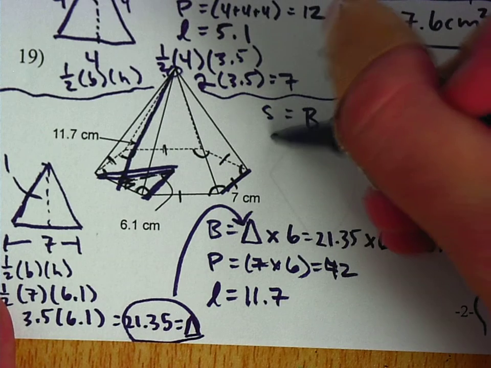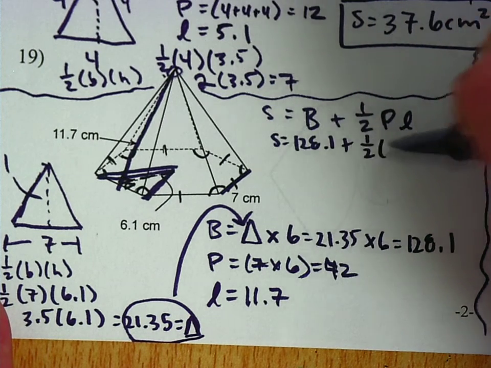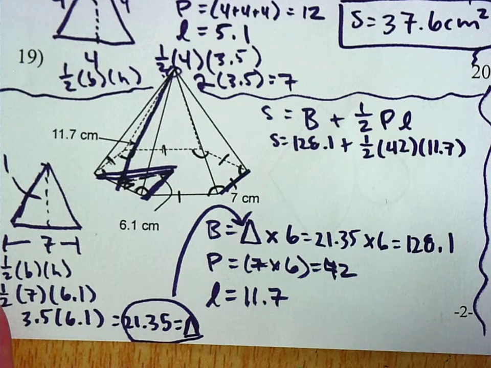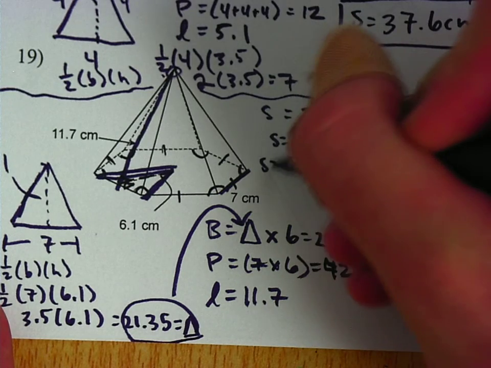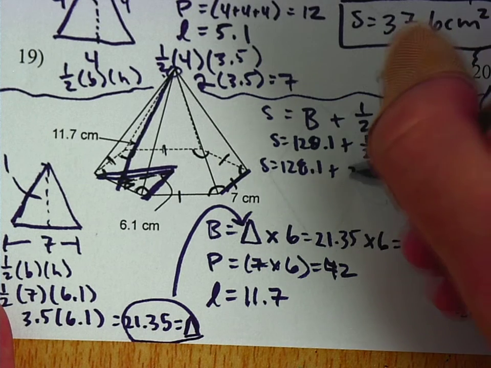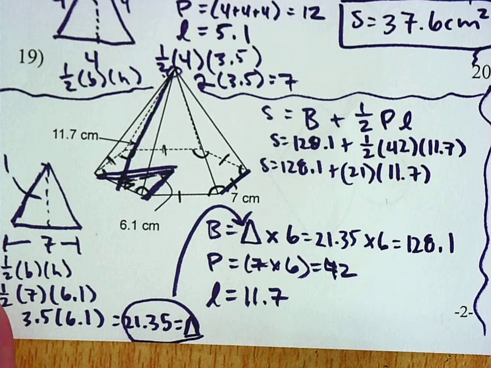So surface area is 128.1 plus 1/2 times 42 times 11.7. Just plugging it in now. And that's B right there. So S equals 128.1 plus, well, 1/2 times 42 is 21 times 11.7.